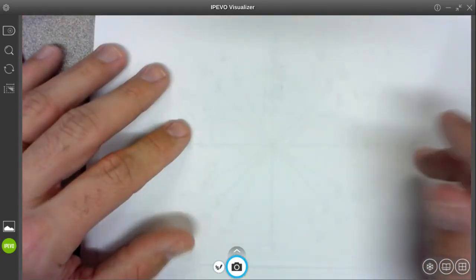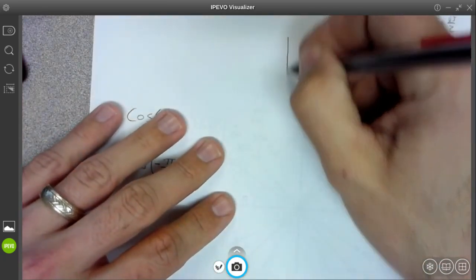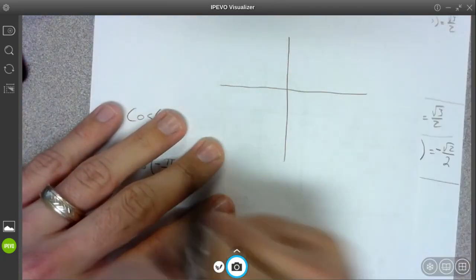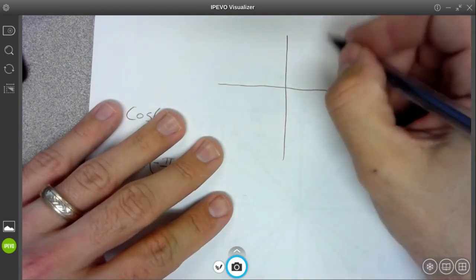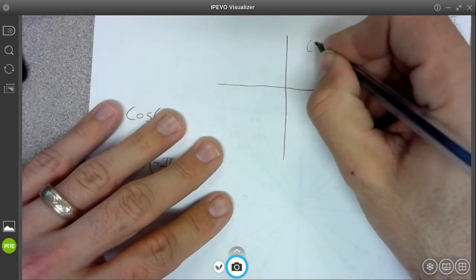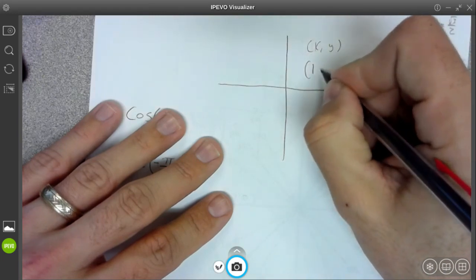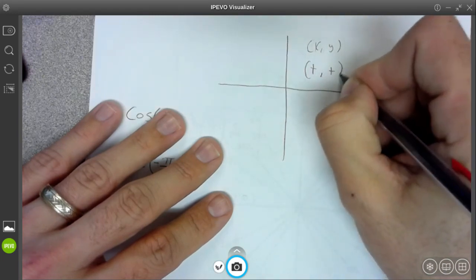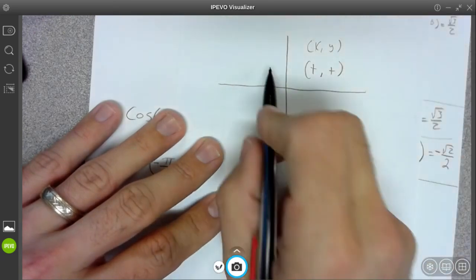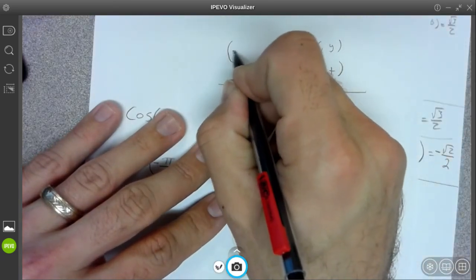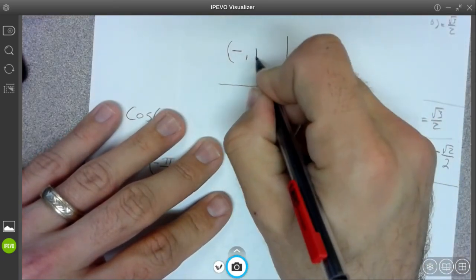Last bit, just make sure you know this, have this somewhere in your notes or in your head floating around. It's the signs. All right, remember, when you're in quadrant 1, both x and y are positive, so you get plus and plus. In quadrant 2, the x values are negative and the y values are positive.